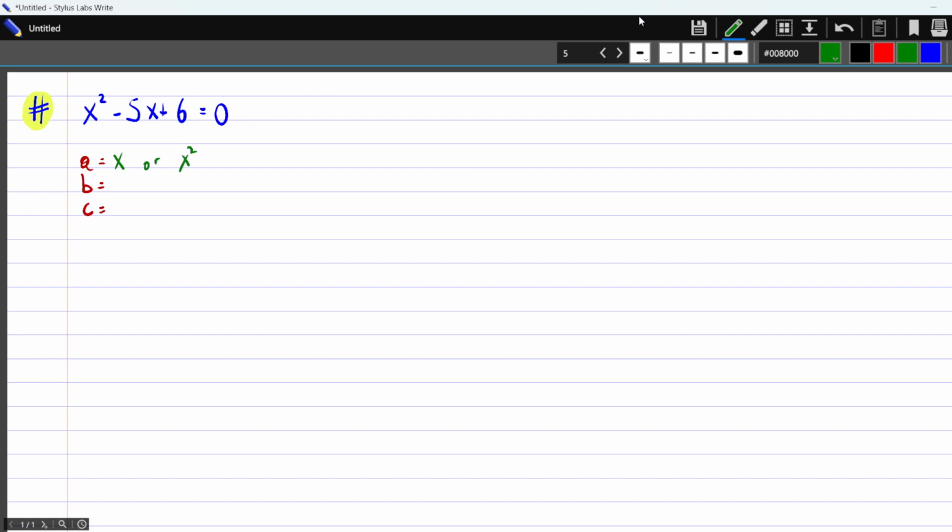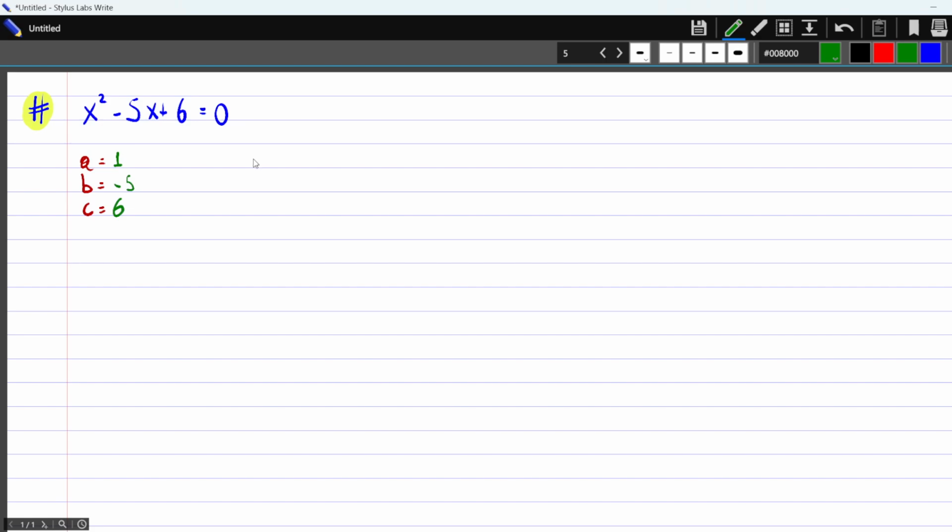The coefficient is always a number. So a is equal to 1, b is equal to whatever is in front of x, that's minus 5, and c is the number with the plus in front of it, so plus 6, that means 6.